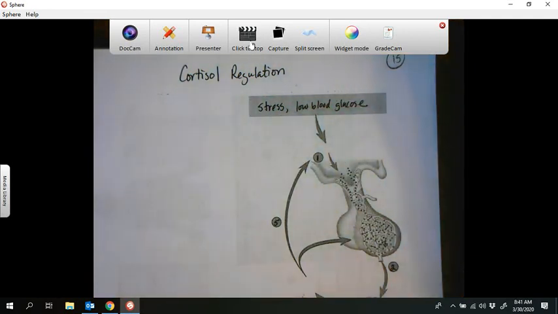We have the hypothalamus and the anterior pituitary involved here with number 1.